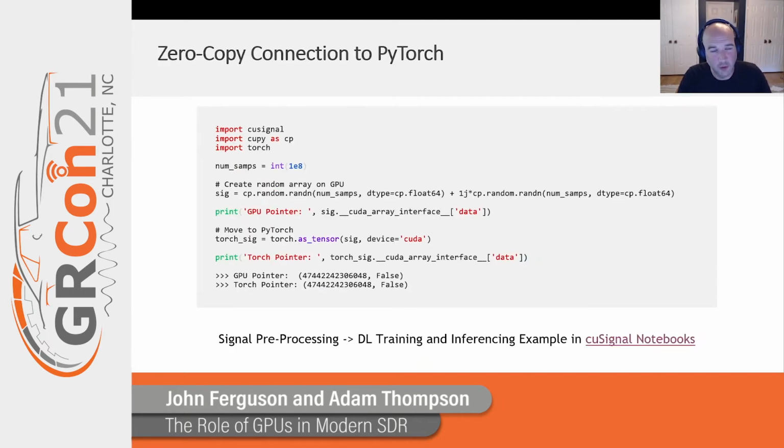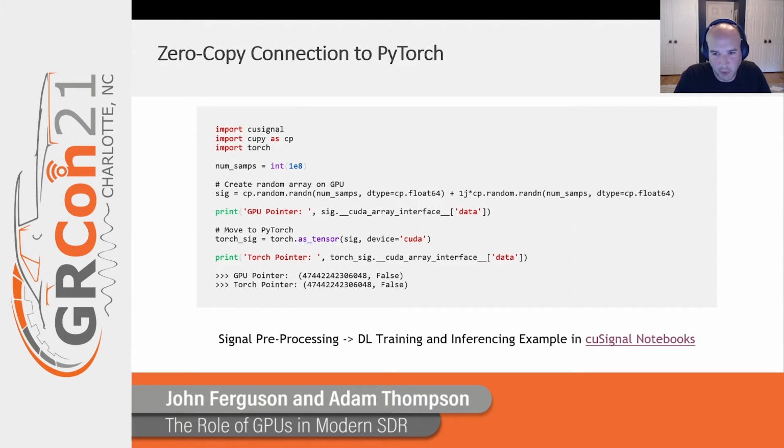One of the really cool key enabling technologies that cuSignal integrates is support for what's called the CUDA array interface, which is a standardized mechanism for how we handle on-GPU memory within Python. So you can do some fast pre-processing within cuSignal, and then move that data object to PyTorch with torch.as_tensor.